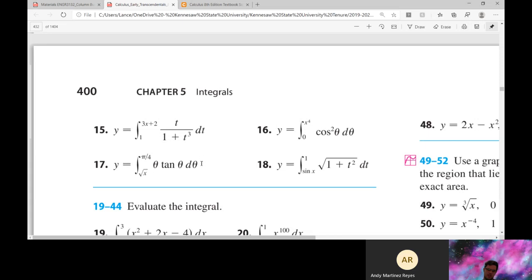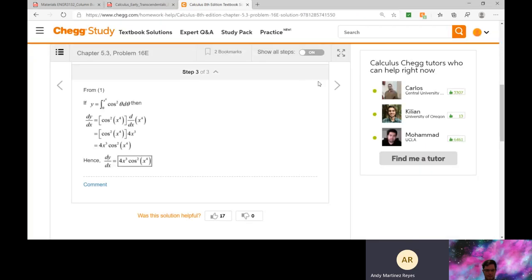All right, try this one. Sure. Negative square root of x, 10 square root of x times 1 over 2 square root of x. And the square root of x will cancel. Oh, yeah, so then it's just 10 square root of x.